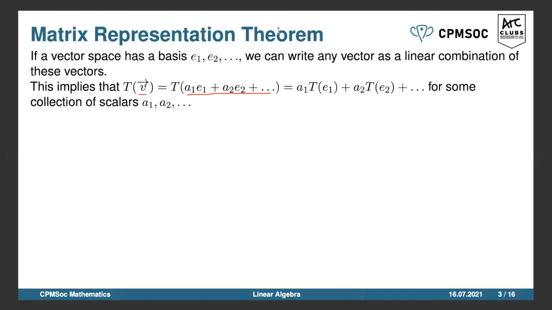And from our linear mapping property from the last slide, we can then separate it into the scalar a1 times the transformation of e1 plus a2 times the transformation of e2, etc., for the collection of scalars a1, a2, and so on.